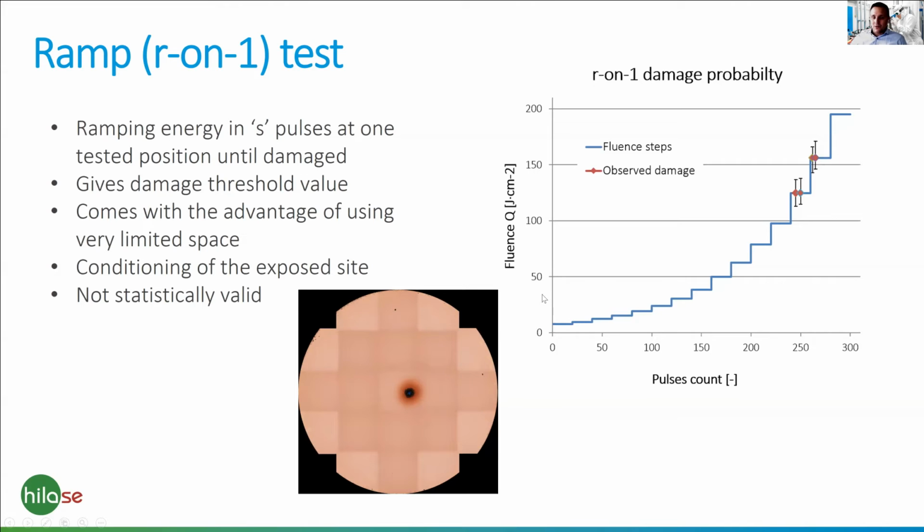The risk, or the factor affecting the result, is the fact that you are conditioning the exposed site when you are exposing the same position to more and more pulses.